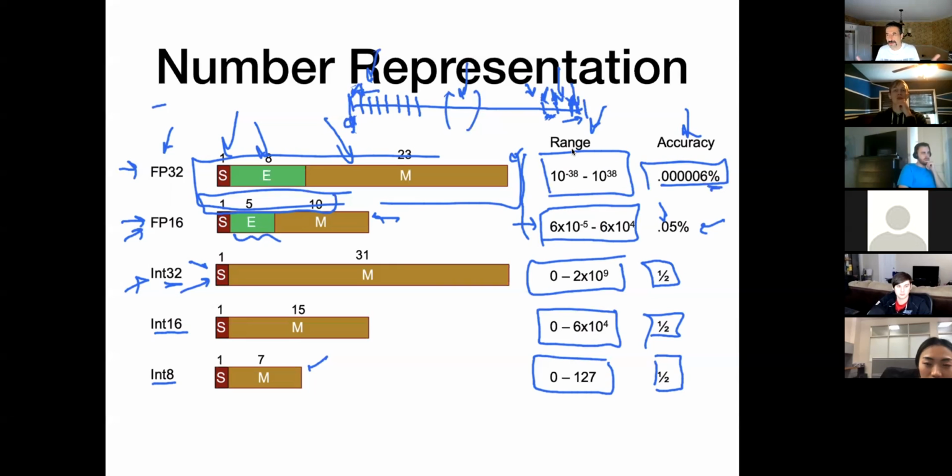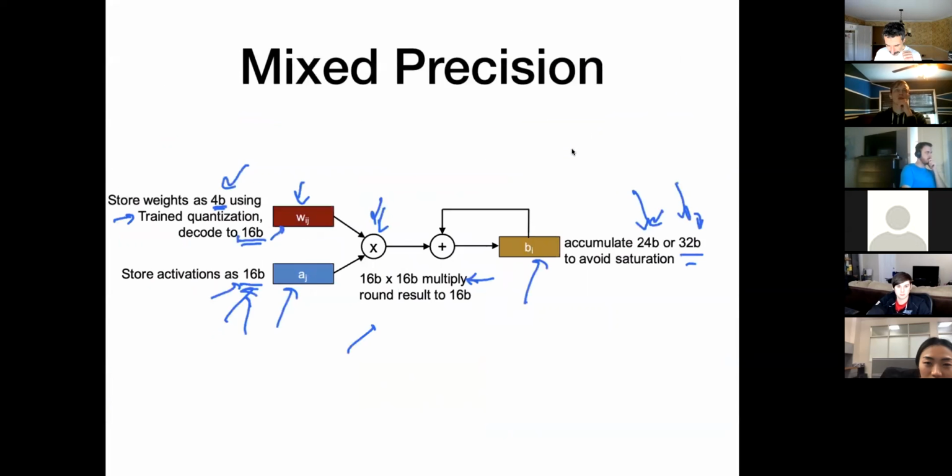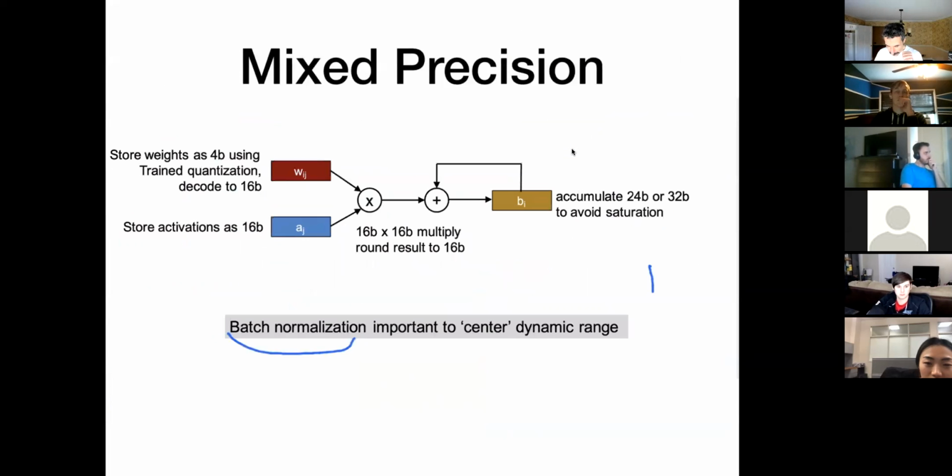You want the same scale across your batch so you don't treat each example totally differently. You don't want a bias when you do this calculation with different precision, and that's why batch normalization is a useful technique. You have a centered dynamic range where you can treat each individual example in a similar way.